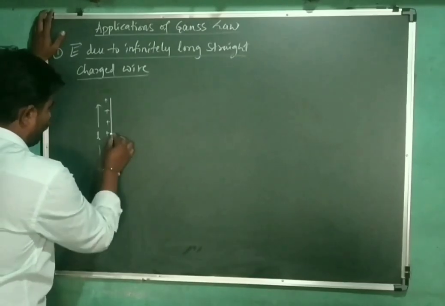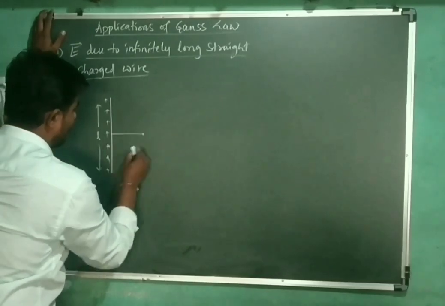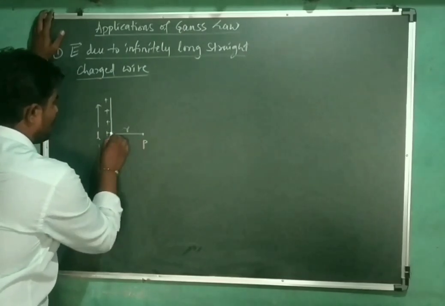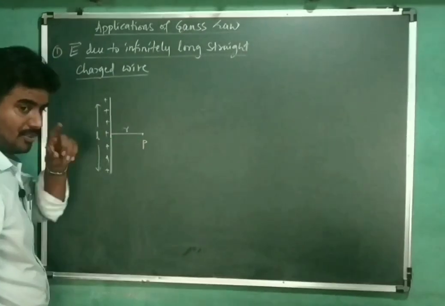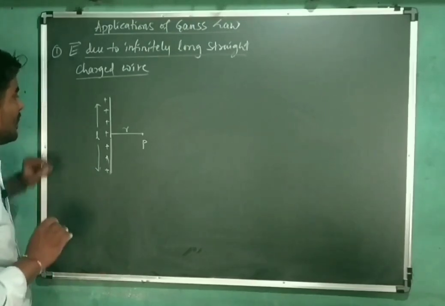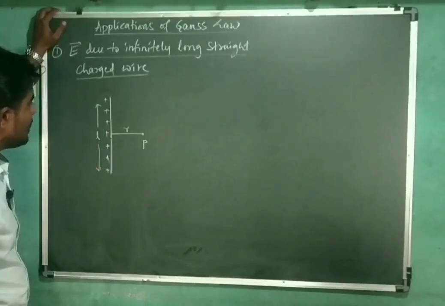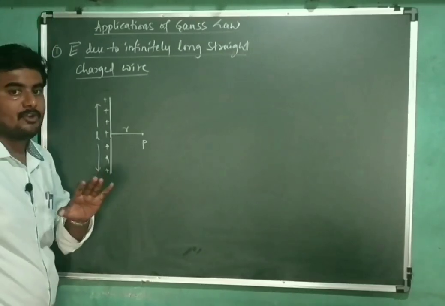If we are asked to find the electric field at a point P located at a distance of r from the line charge distribution, the first point is we are supposed to consider one Gaussian surface, and there are certain conditions to consider.